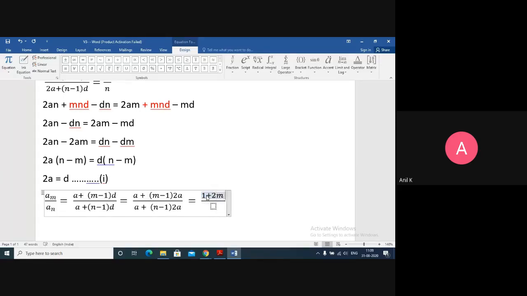So I'll write it as 1 plus 2m minus 2. 2 into m is 2m, 2 into 1 is 2. Similarly, in the denominator I have 1 plus 2n minus 2. So at the last, if you simplify properly, I have 2m minus 1 upon 2n minus 1. I think this is what you had to prove.